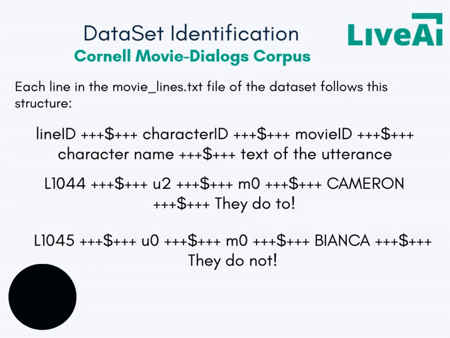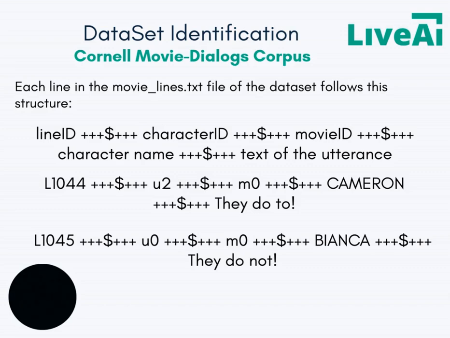There's a file called movie_lines.txt in the data set that has a structure like this. Line ID, then +++$+++, which is basically a delimiter.